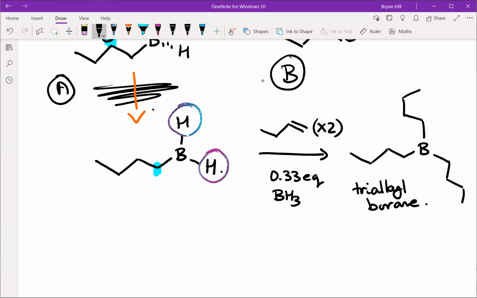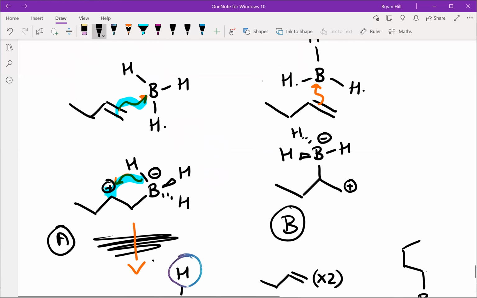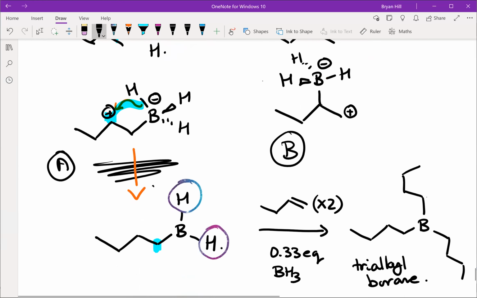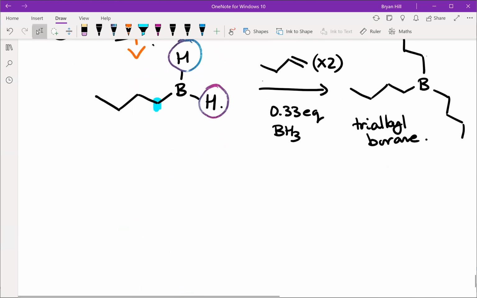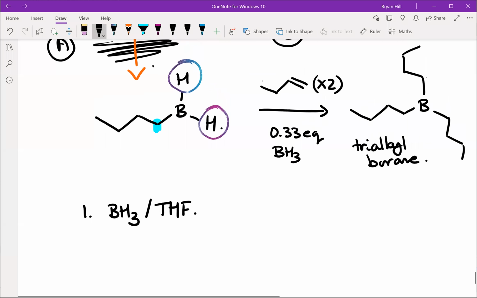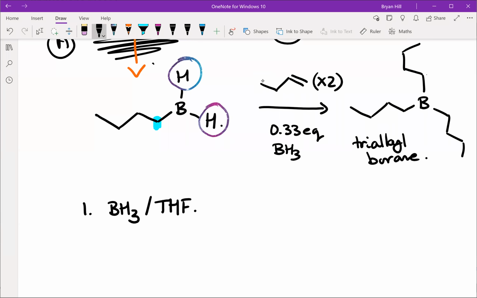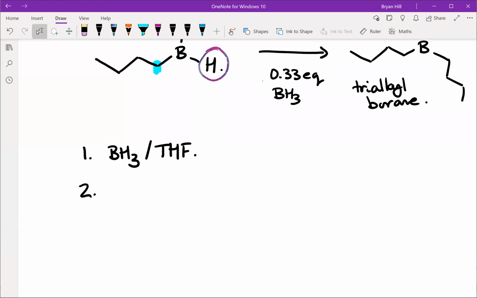So you could make this trialkyl borane, and that's the first step, using BH3 in THF. The second step is the one where we need to convert the boron into the oxygen. So the second step is the oxidation reaction.